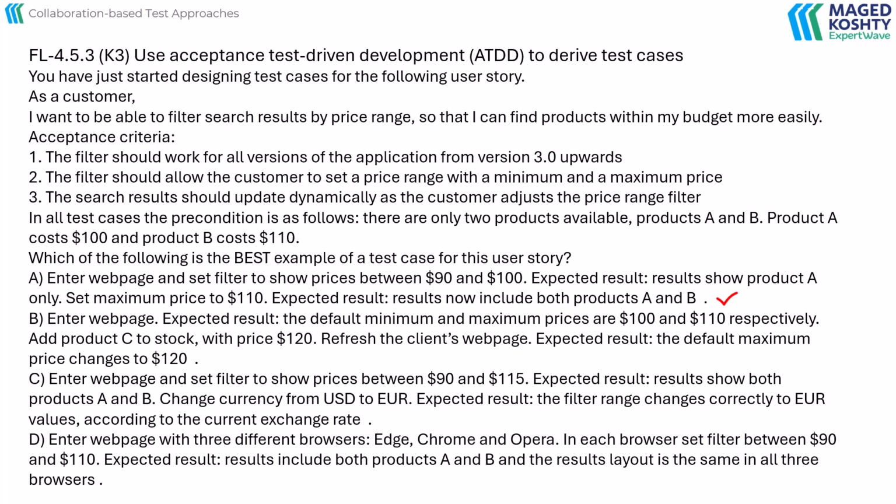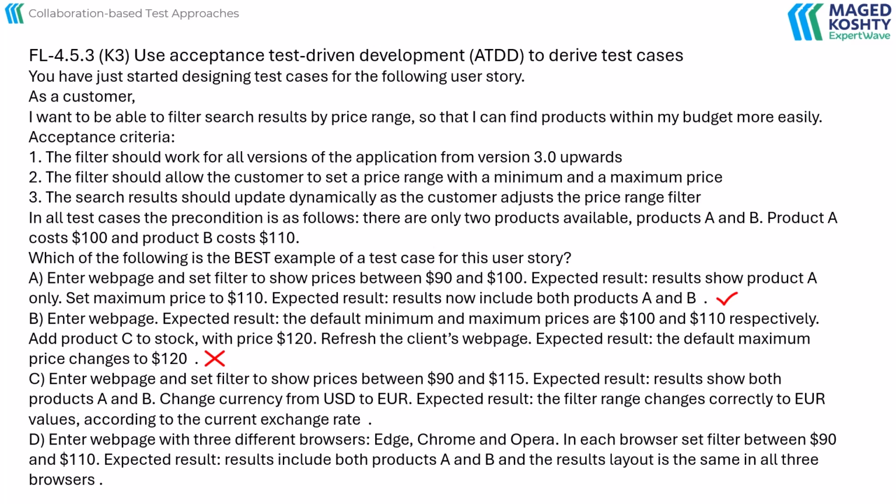B. Enter web page. Expected result. The default minimum and maximum prices are $100 and $110 respectively. This is not correct. There's nothing in the acceptance criteria related to the default values when we open the web page.